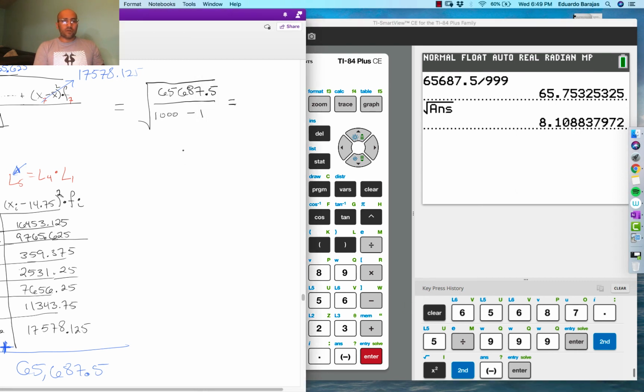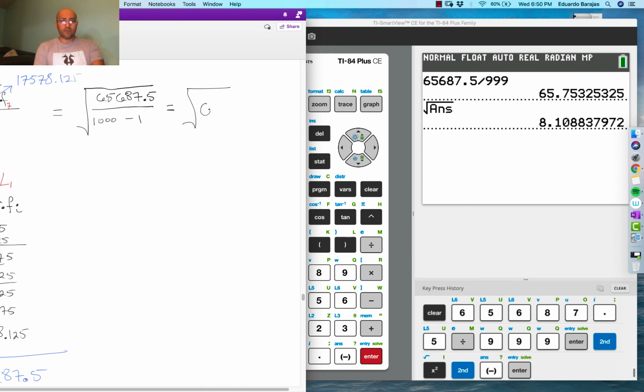Okay, so all of this, I'm just going to copy it right here. Well, okay, I'll put it here. This is the square root of 65.7532, something like that.